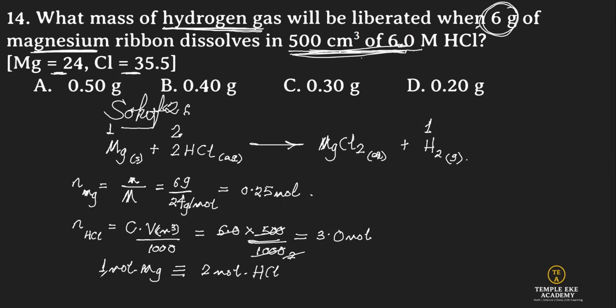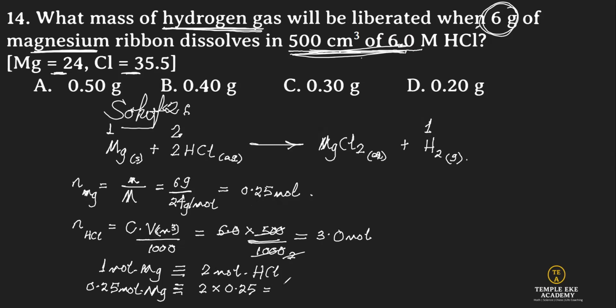What would that require by simple proportion? 0.25 mole of magnesium will, of course, require, we multiply by 0.25. So let us go for that. That will be 2.0 multiplied by 0.25.